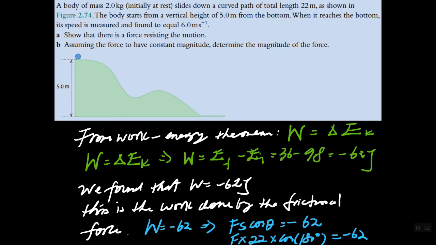Why cosine 180 degrees? Because the distance traveled and the friction force are anti-parallel. And cosine 180 degrees is minus 1. So the minus signs on both sides cancel out. That gives us 2.8 Newton.